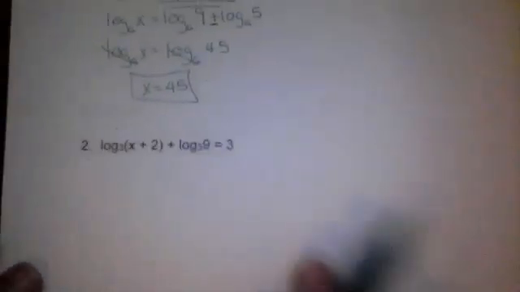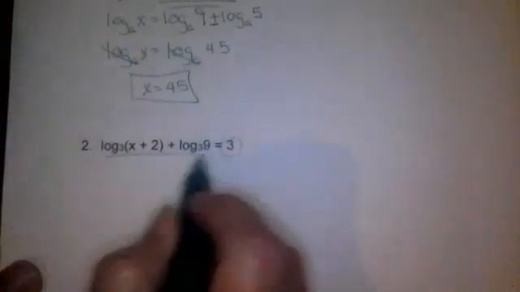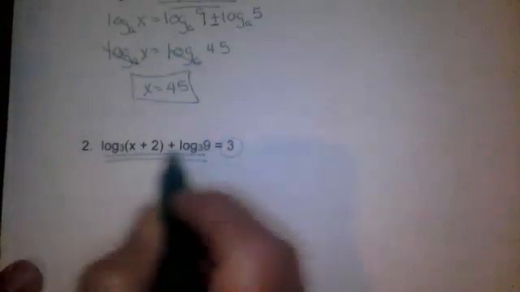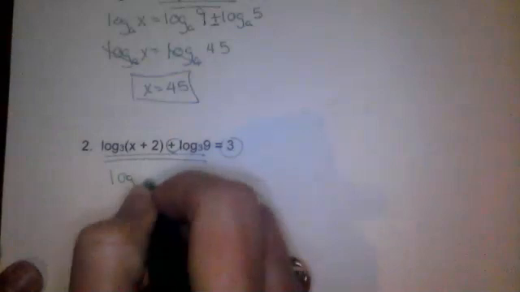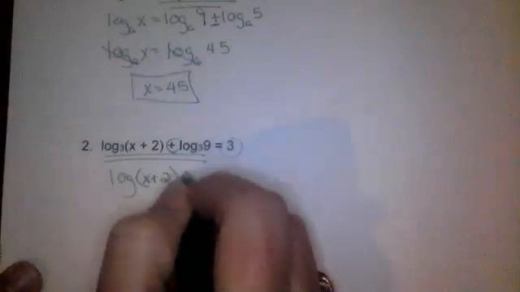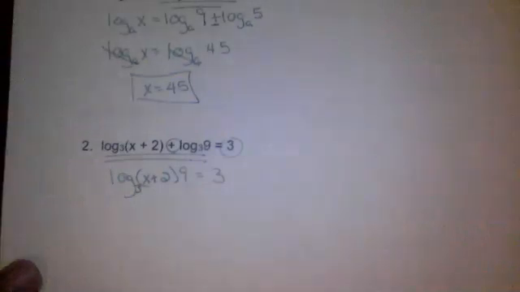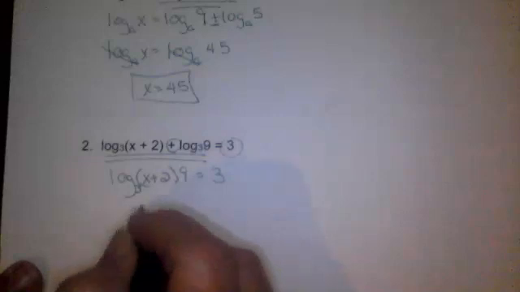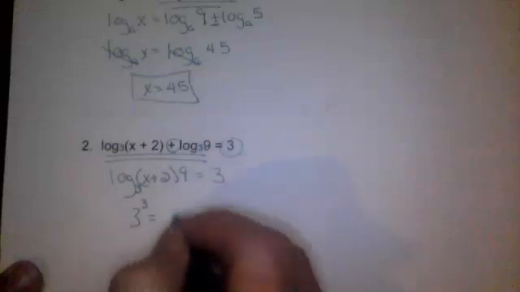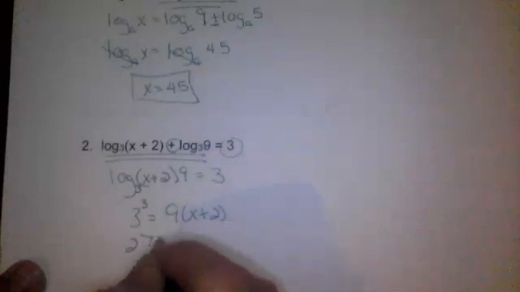All right, in this next one we have a number, so we're going to rearrange back to exponent form, but again, before we can do that, we've got to combine these logarithms together. They do have the same base, so addition is going to become multiplication. So we have x plus 2 times 9. That's log base 3. So now we're going to rearrange. 3 to the third power equals 9 times x plus 2. 3 to the third is 27.